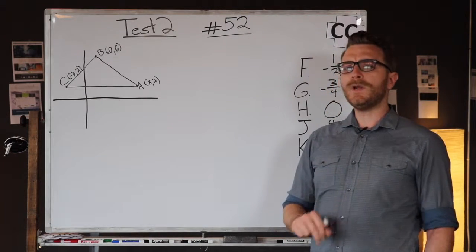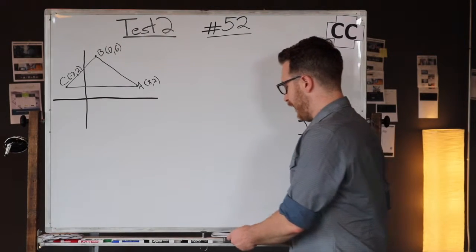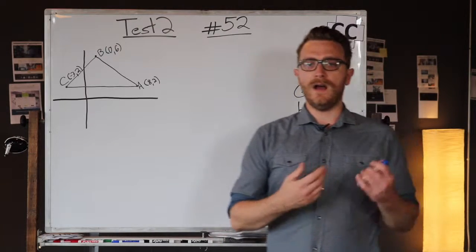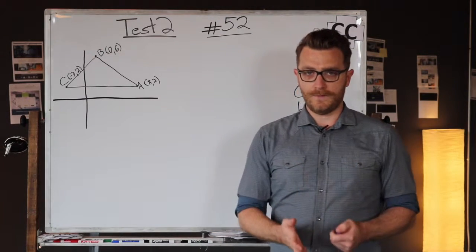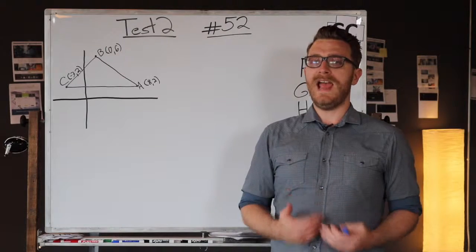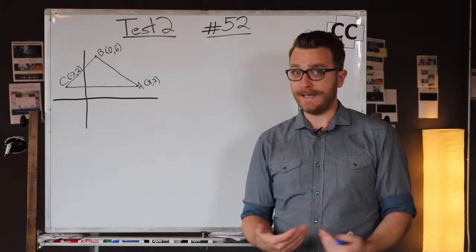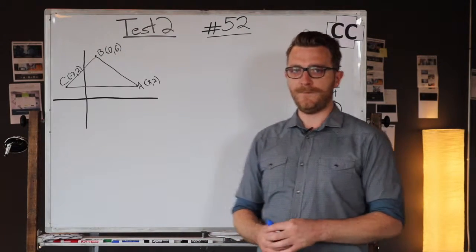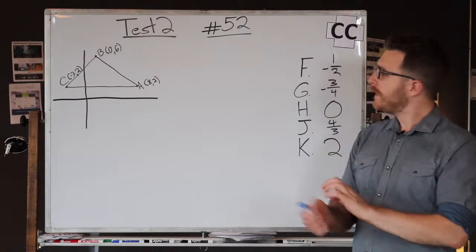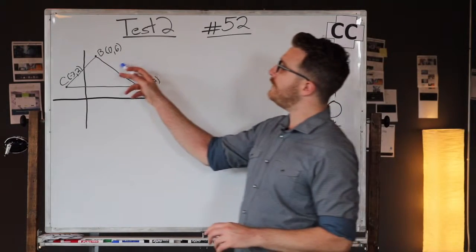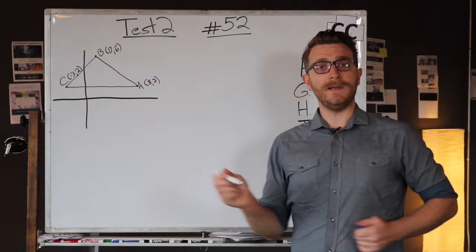Interesting, huh? So first of all, let's back up and think about the area of a triangle. How do we find the area of the triangle? It is 1/2 base times height. We've done that many times. So we can assign one of these sides to be the base and one of them to be the height.